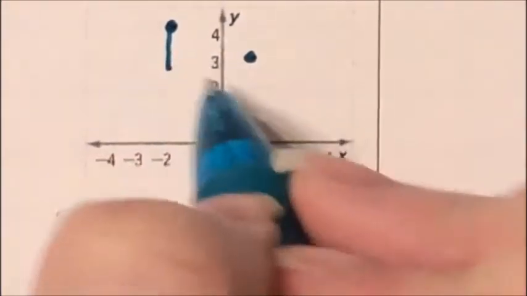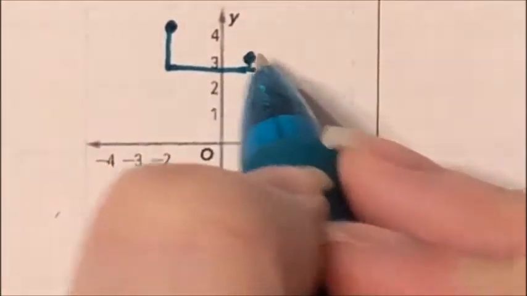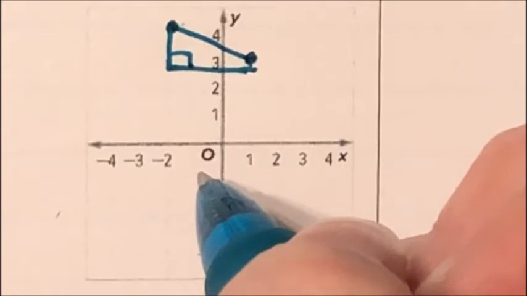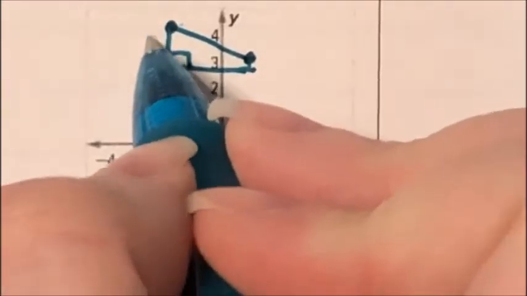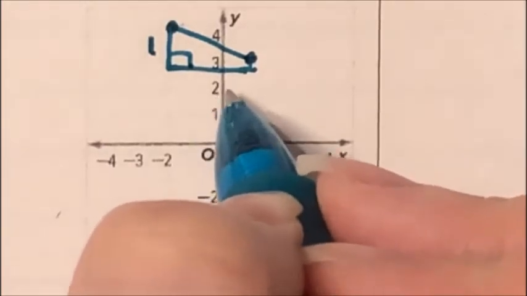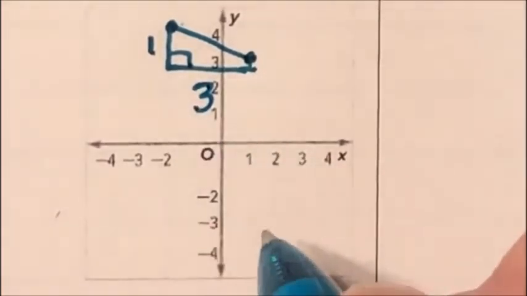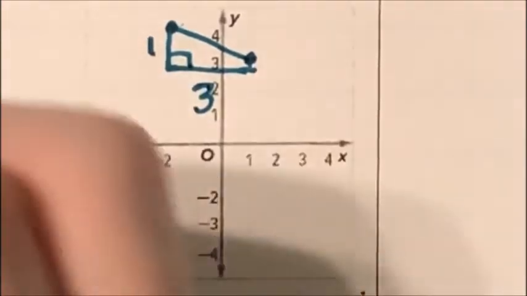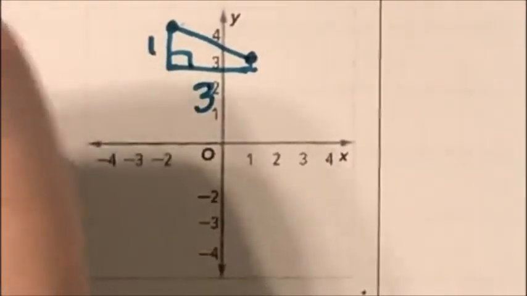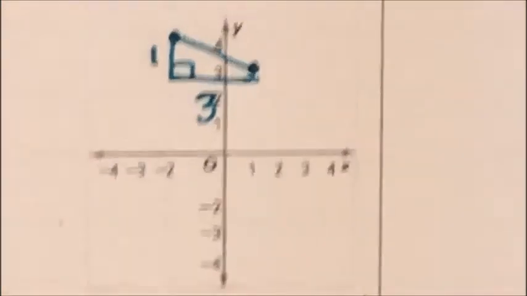Okay. So they form this triangle, and it is a right triangle. I went up 1 unit and I went over 3 units. So I'm going to take a squared plus b squared equals c squared.